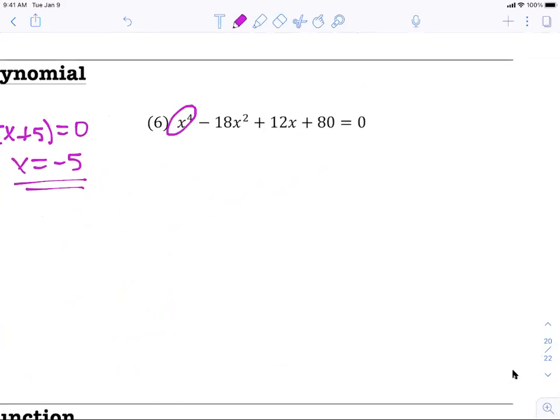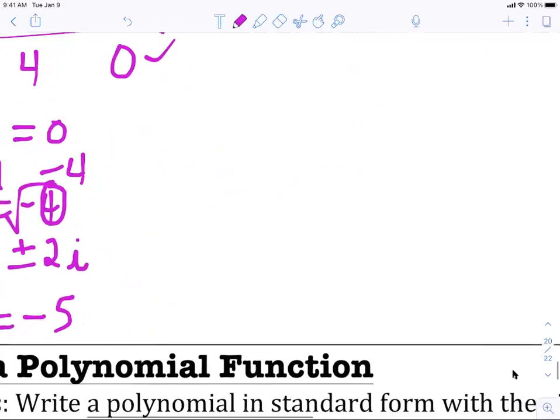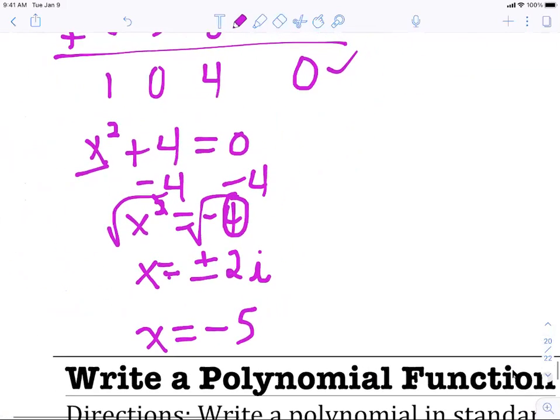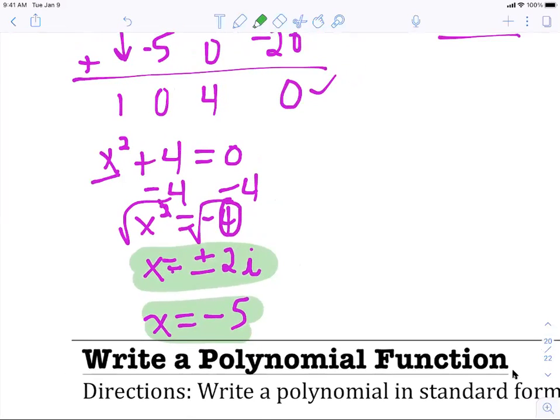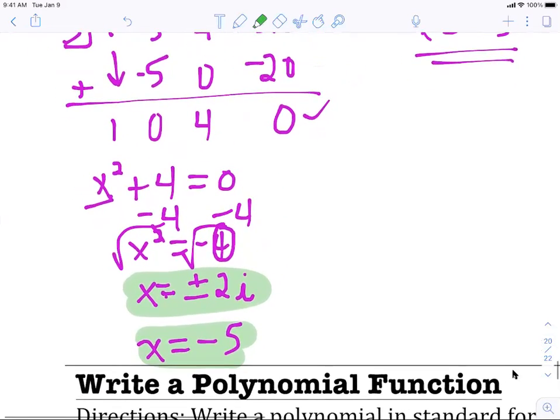Now, does it mean they're all real? No, not at all. Like for this one, we actually only had 1 solution that was real, and the other 2 were imaginary. That's kind of a neat trick. Imaginary numbers only come in pairs of 2, because there's always going to be a positive answer and always going to be a negative answer.